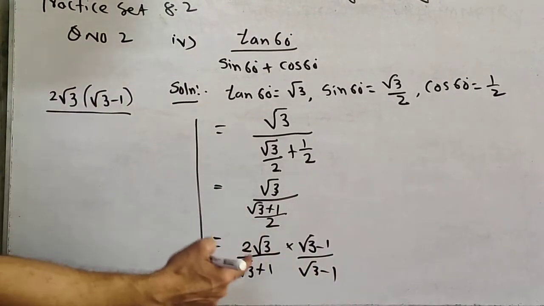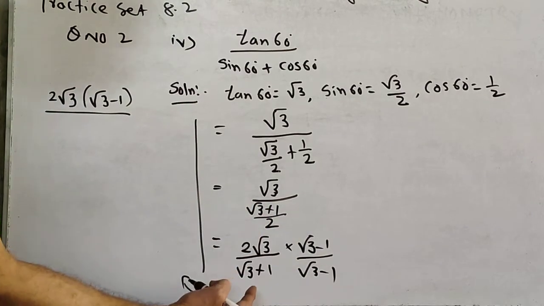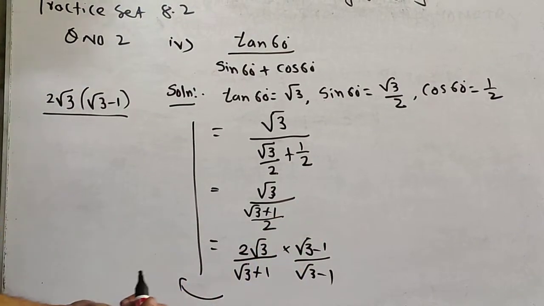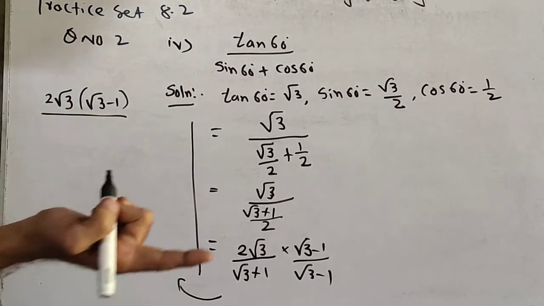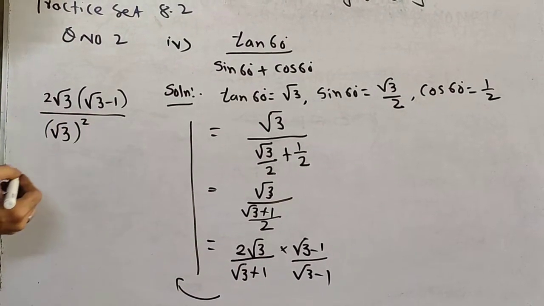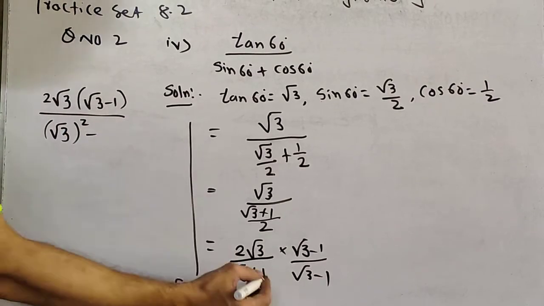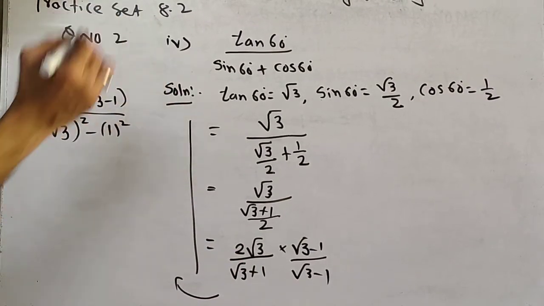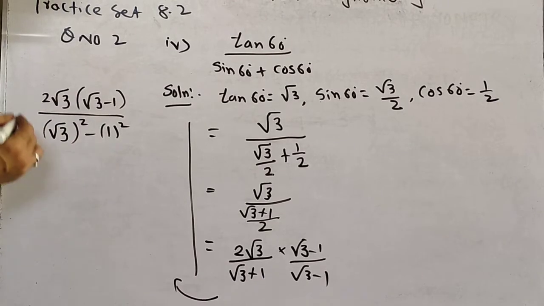So whenever you are doing the conjugate, you will get the denominator a plus b, a minus b. So that means a square minus b square. A square means root 3 square, minus 1 square, b square. So root 3 square is 3.